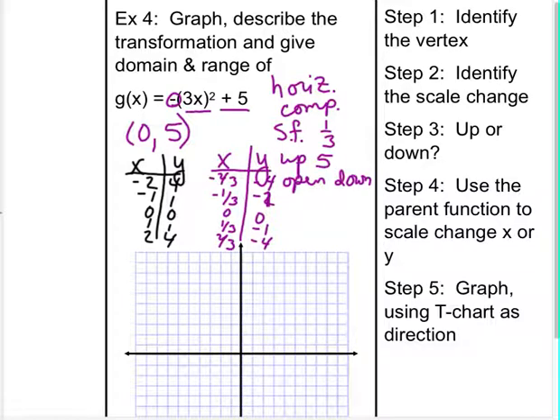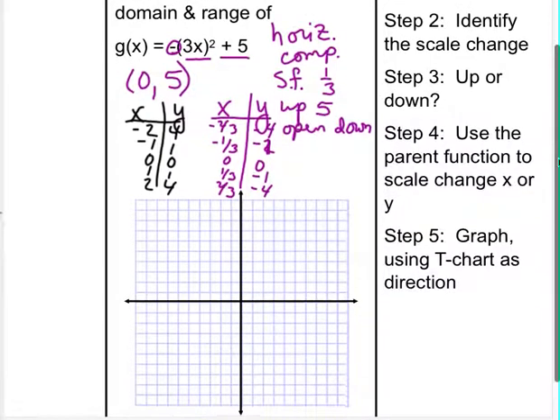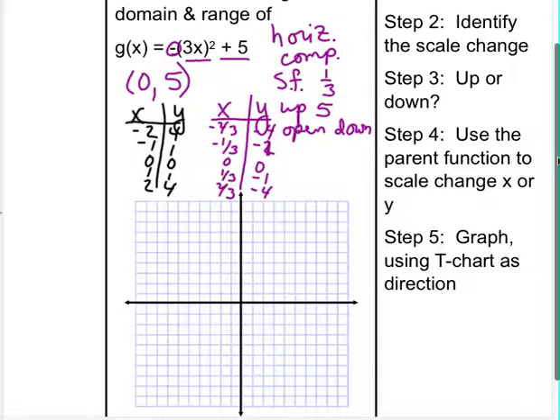Alright, so when we graph, we start with the vertex. So plot your vertex first, 0, 5. And then use the new t-chart for directions. So from your vertex, we are going to go left 2/3, down 4. Left 1/3, down 1.